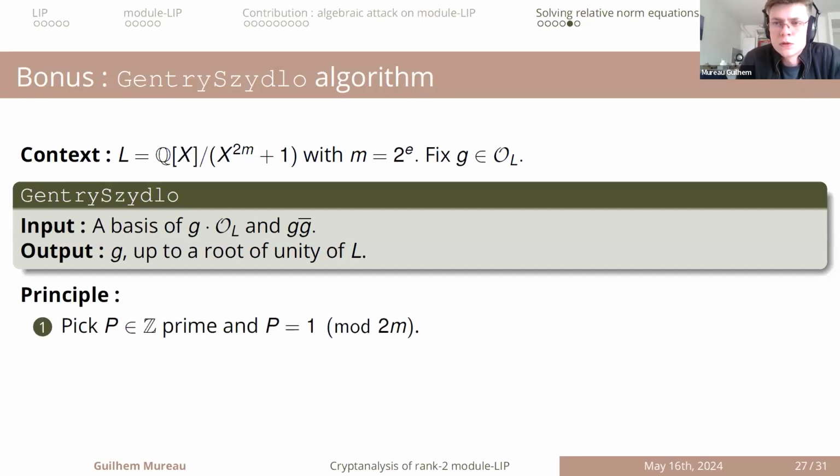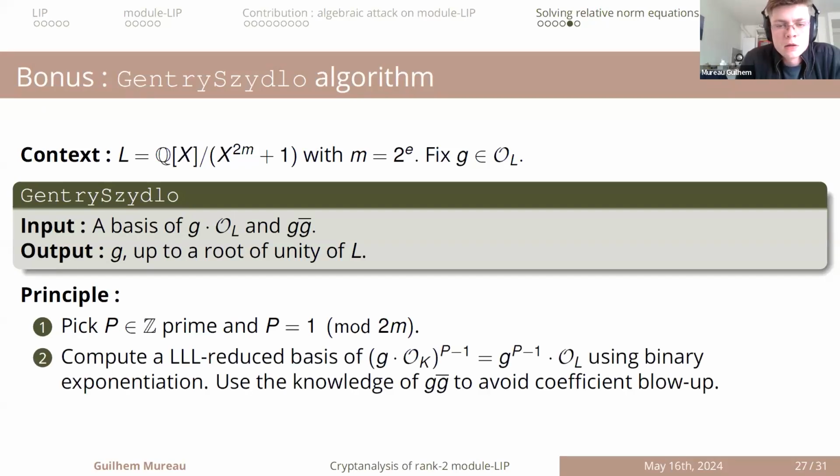The principle is quite intricate. The first step is to pick a rational prime which is congruent to 1 mod m. The idea is to compute a big power of the ideal. We will compute G OK to the p minus 1.